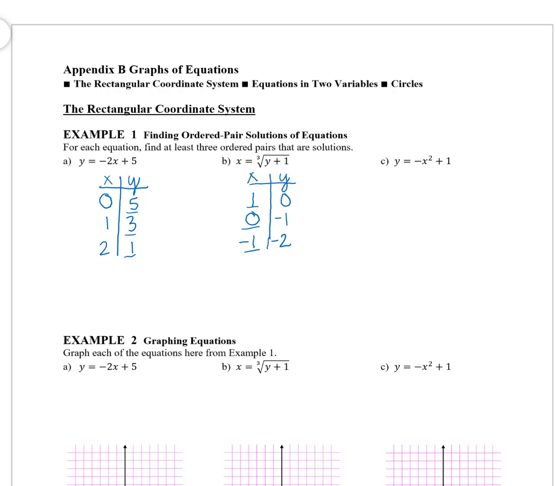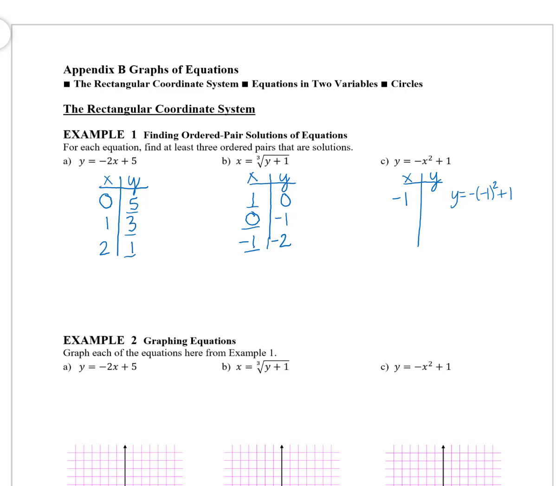For c, do you see how y is by itself? So we'll choose values for x and then plug in the y's. So for this one, we will choose values for x and then solve for y. So if x is, say, negative 1, we have to be careful because then we have y is equal to negative and then negative 1 squared plus 1.